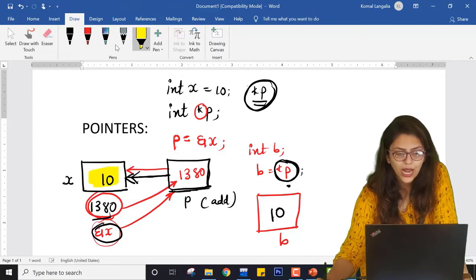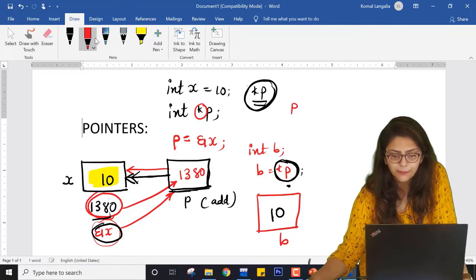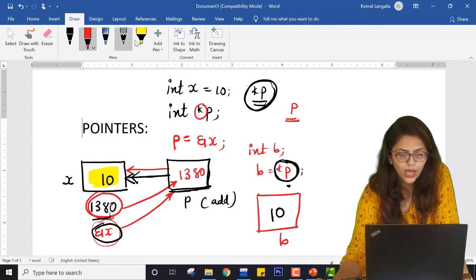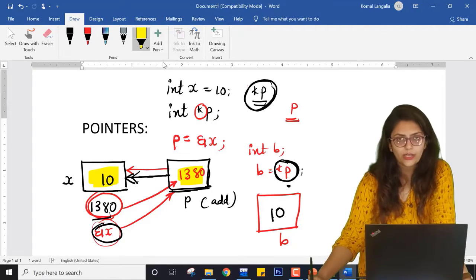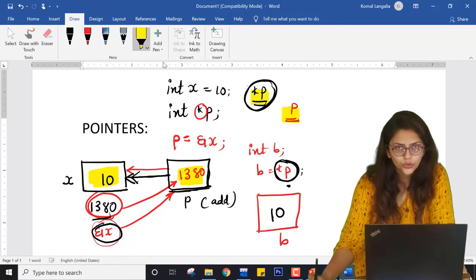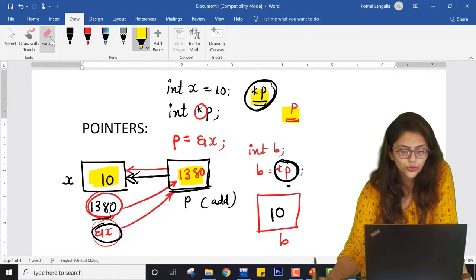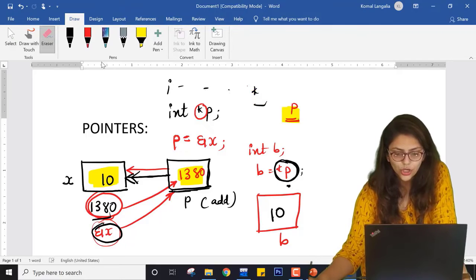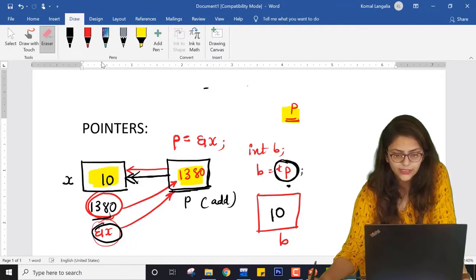But whenever you are simply writing p, simple p, that means you are dealing with this value. Make sure that you understand the difference between these two. Right. So now I am going to talk about the scale factor. Let me erase these extra terms and I will tell you what exactly this scale factor is.